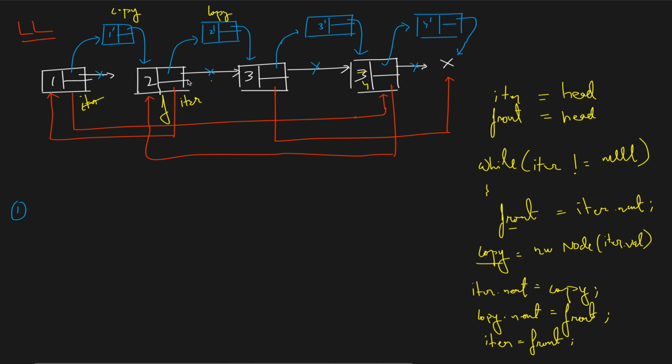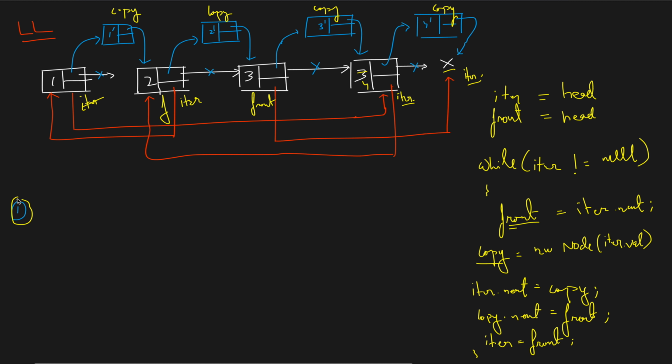So obviously our iter will go over here, and at the next step when it comes, front again goes over here, then again we create a copy, then iter's next goes over here. So this will go on till your iter reaches this guy, and right after this reaches null. So this is how you're going to complete your step 1's code. So the step 1's code is ready.